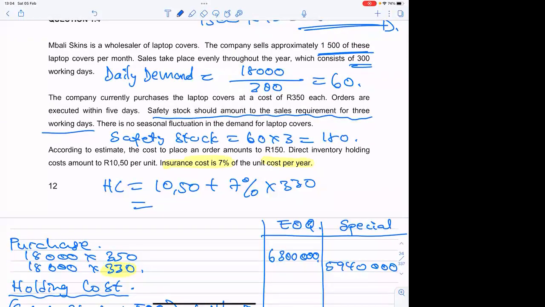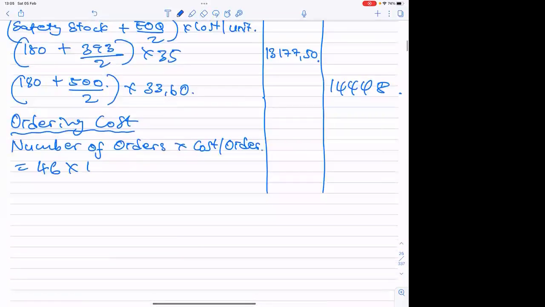What is the cost per order? It is 150. So 46 by 150? 6,900. Yes, okay.